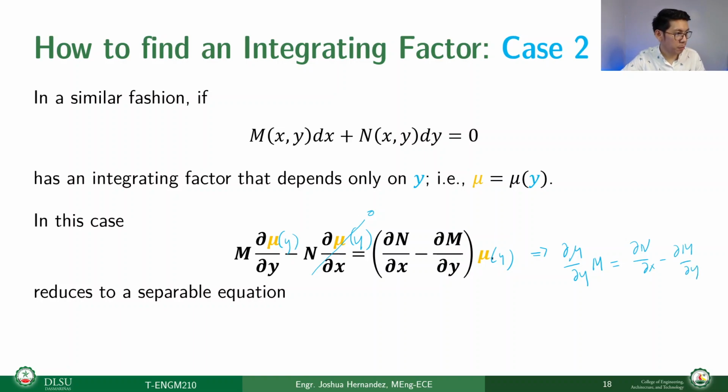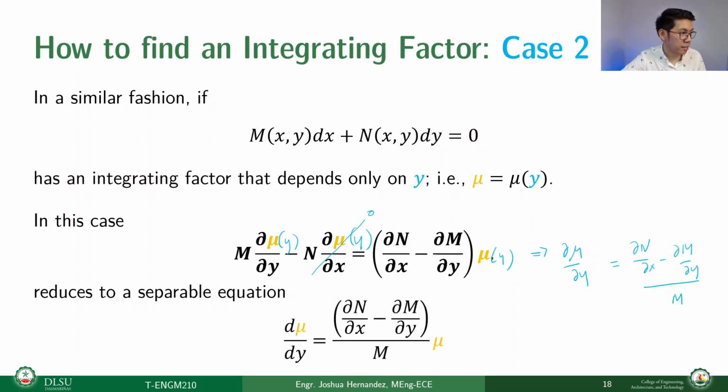Actually, dividing M will give us both sides, no? Yan. So, eto yan. Of course, mu. Nakalimutan ko. Yan, ito yan. Okay. So, this reduces the PDE to a separable equation.